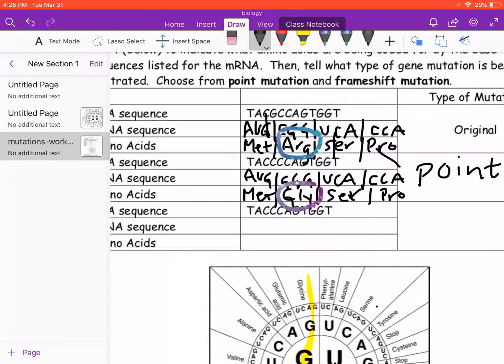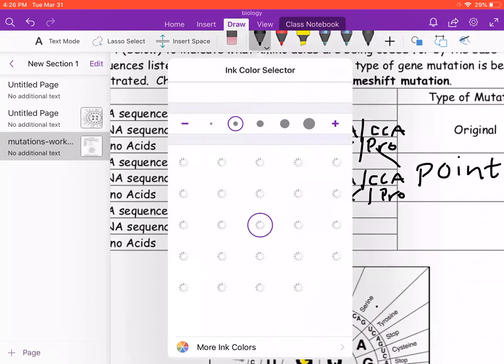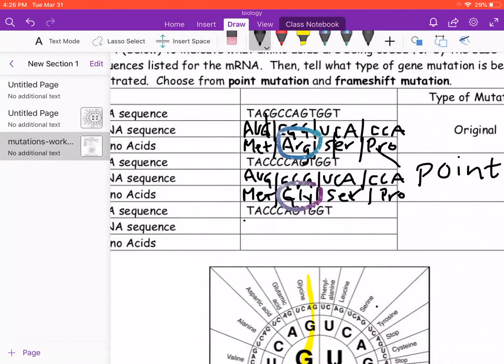So we have TAC, which we know is our start codon, and that is AUG. Then we have GGU. Then we have CAC. Then we have a random CA at the end.